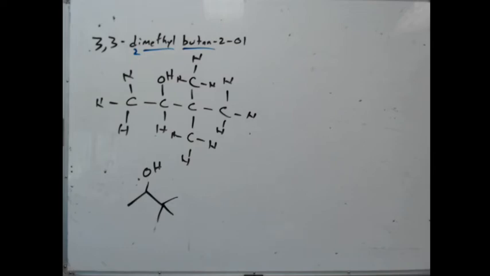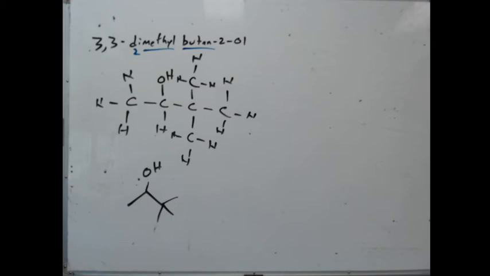Wait, what do you mean? Maybe if we change the dimethyl to dibutanol, that would make sense. Dibutanol? That would be a little ambiguous, because are you saying there are 2 butanes or 2 alcohols?